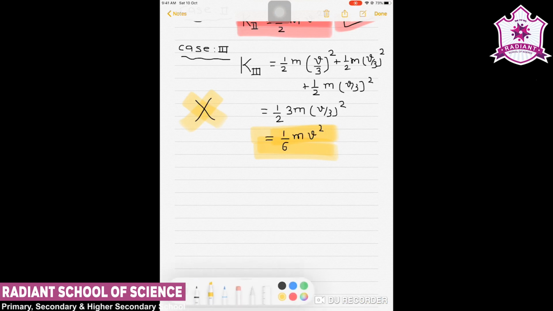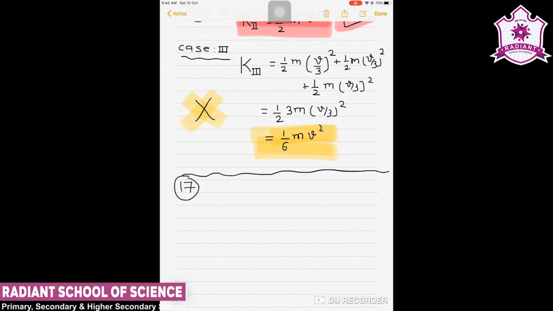Example number 17 is also an oral example; we can answer it orally. It is given that a bob A of a simple pendulum, released from 30 degrees to the vertical, hits another bob B of the same mass at rest on a table, as shown in the figure. Here one ball is resting with mass m on the surface.